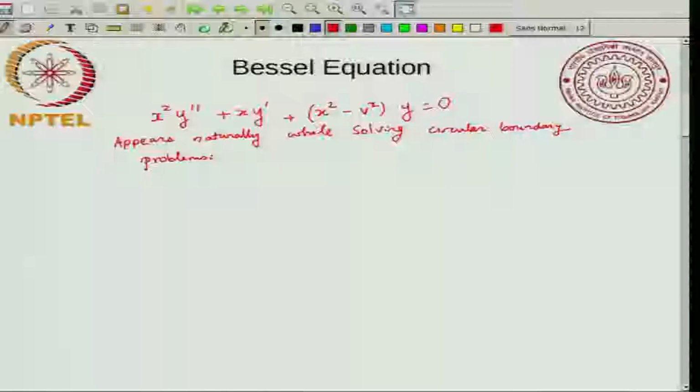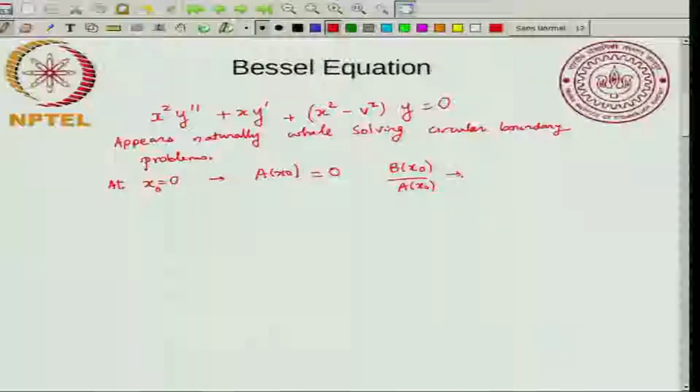Okay. Now, let us take this equation. What we see is that at x0 equal to 0, a of x0 equal to 0, and b of x0 divided by a of x0 goes as 1 over x0.